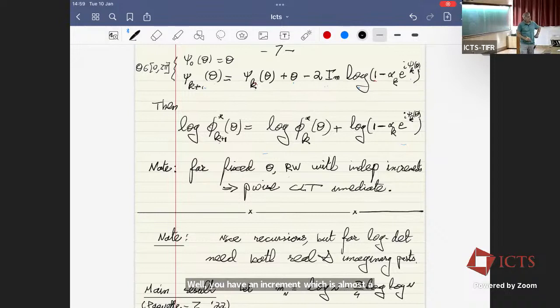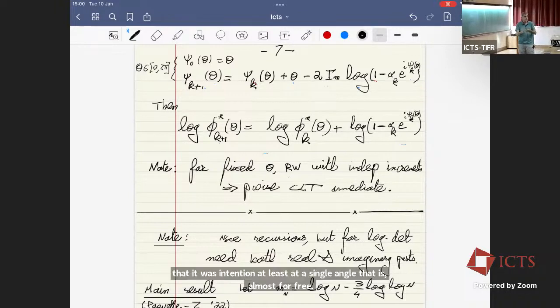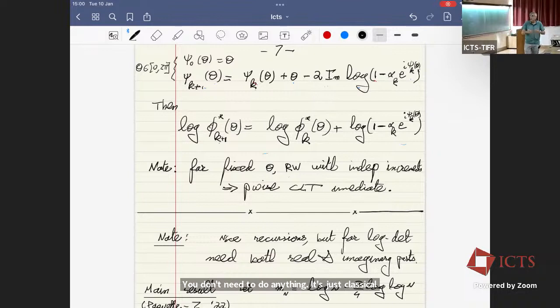Okay? And that's very good news, because it gives us a representation, at least at a single angle, that is almost for free. You don't need to do anything. It's just classical probability theory. Okay, those are not IID random variables, because the variance decreases, but those are independent variables, and in particular, it falls very well into Lindeberg-Feller.